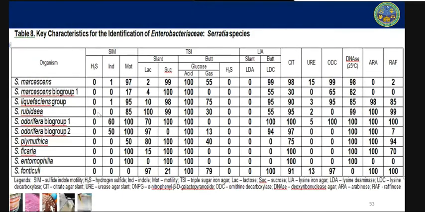Most often than not, please do consider performing DNase testing at room temperature usually. And most of them, except for Proteus, are positive for DNase, except for a few having variable reactions.